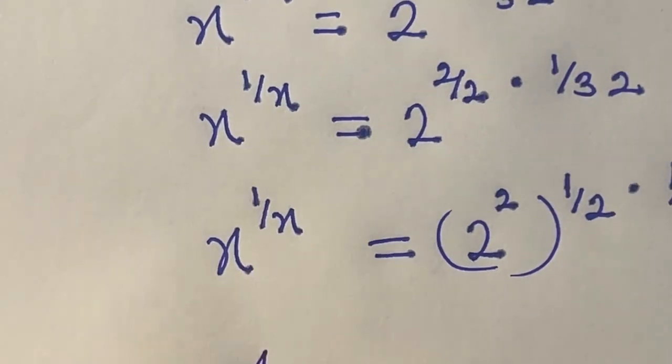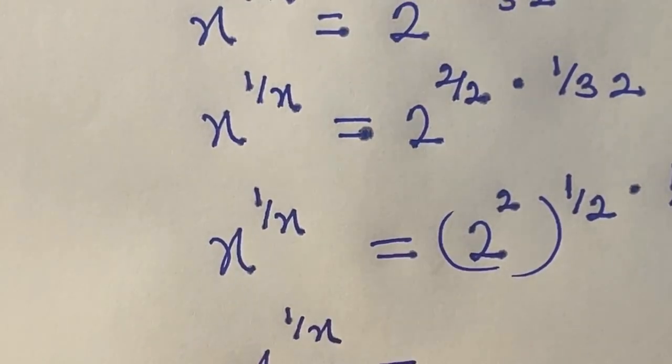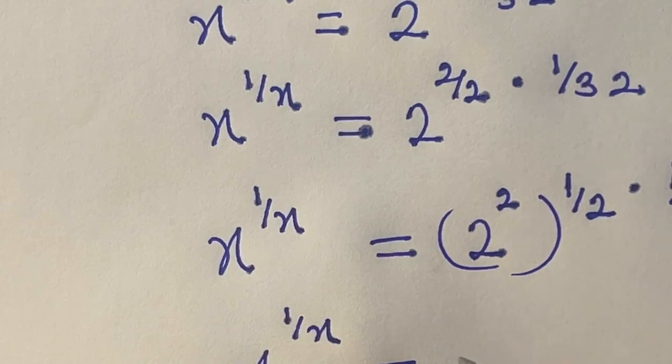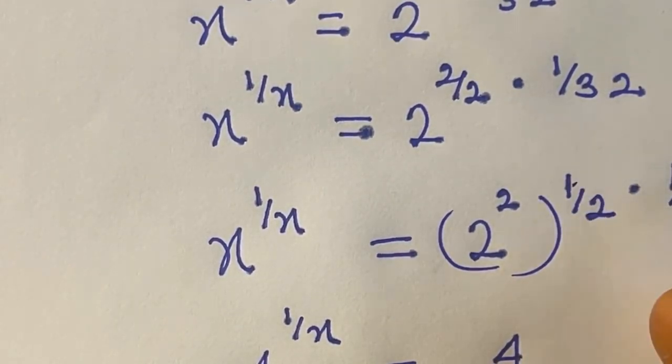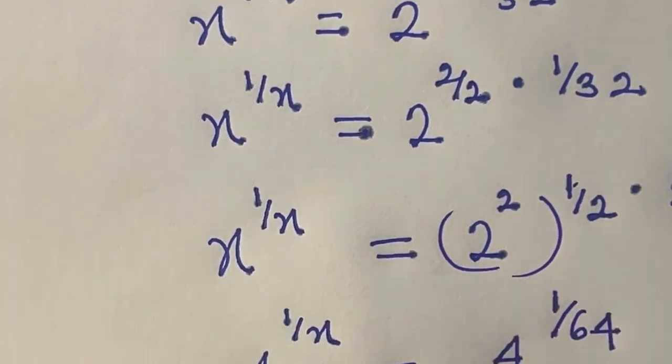Therefore this will become x raised to power 1 over x equals 2 raised to power 2, which is 4. Then let's multiply this: 1 times 1, we have 1 divided by 2 times 32, which is 64.